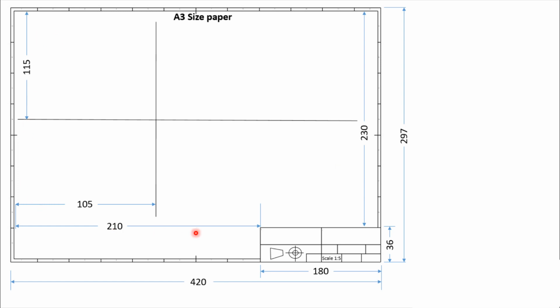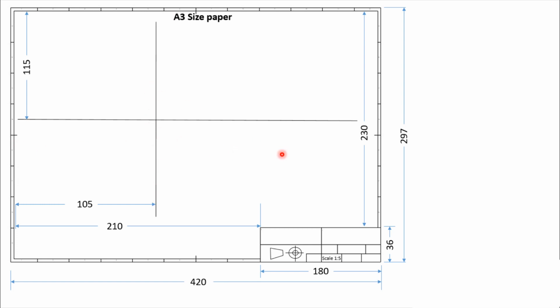So here we can make a division such that we can find a space for front view, top view, and side view if we are using the first angle projection system. So I have divided this space, which is 230, into 2 halves and roughly given this much space.